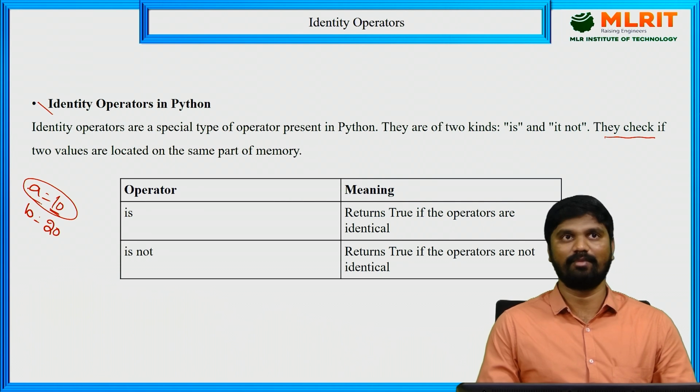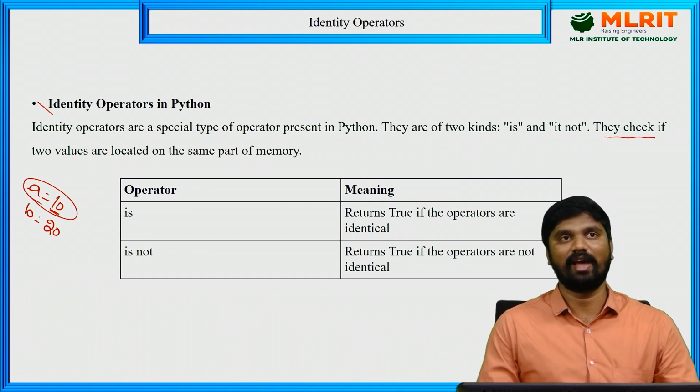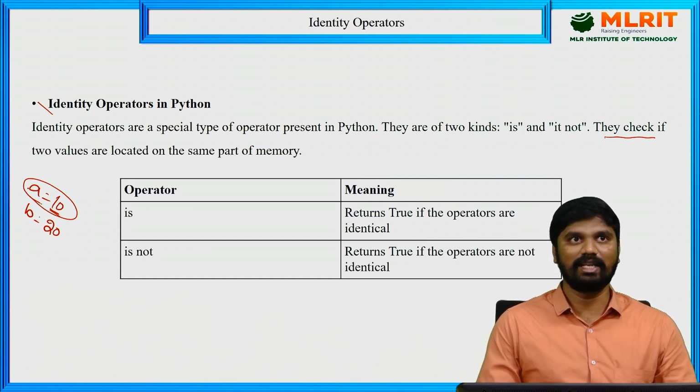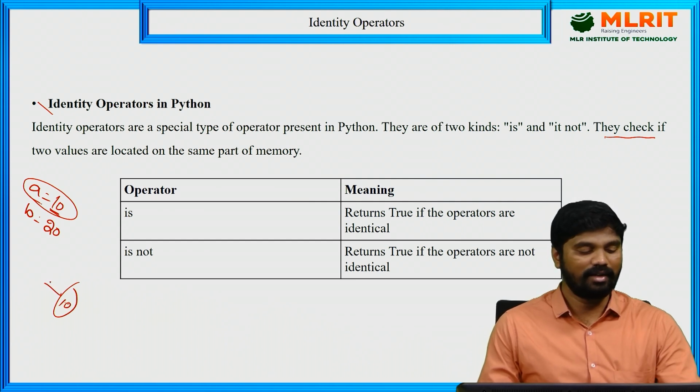For example, consider that no object is available in the memory with the value 10. At that time, the Python virtual machine creates an object, stores the value 10 in it, and refers to it with A.